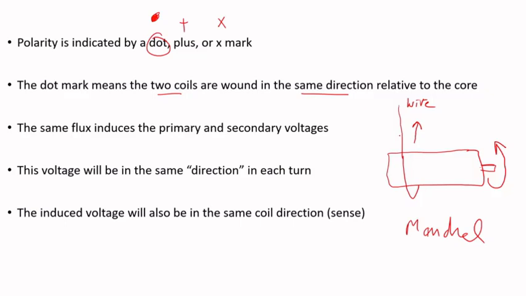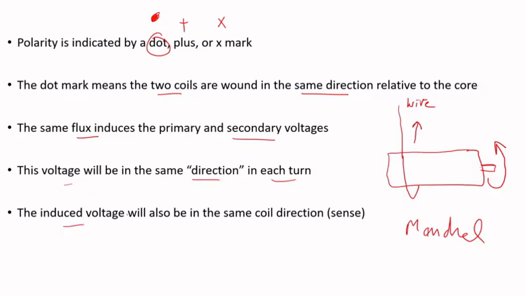So if you take high voltage, low voltage, that's how you determine the sense of winding the coils. We know the same flux induces the primary and secondary voltage because they are wound around the same core. So the same flux will link both windings. The voltage that gets induced will be in the same direction in each turn.